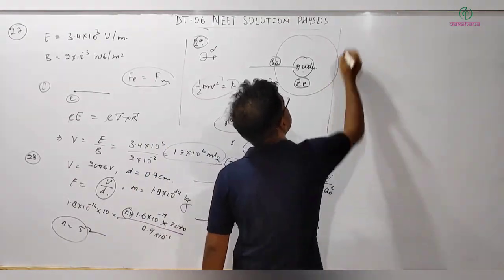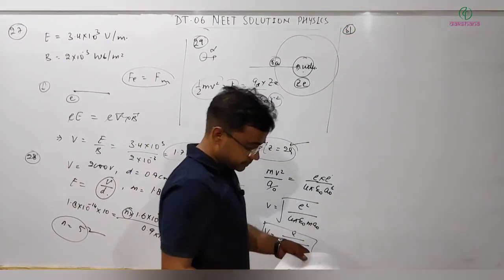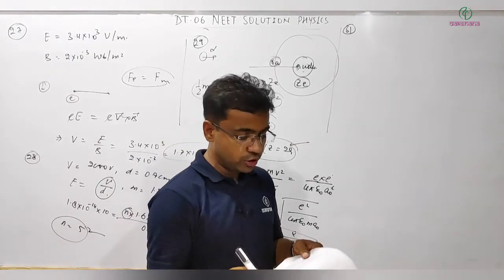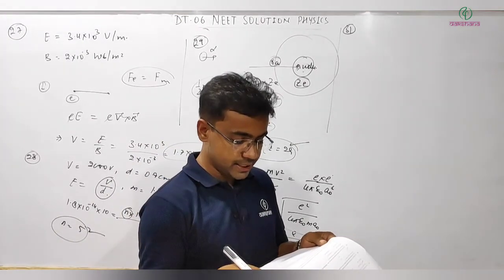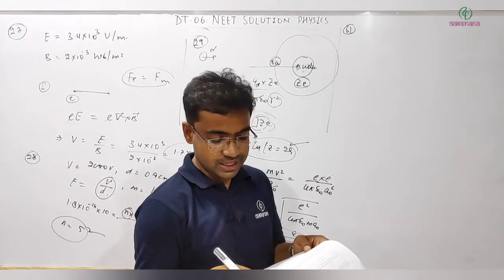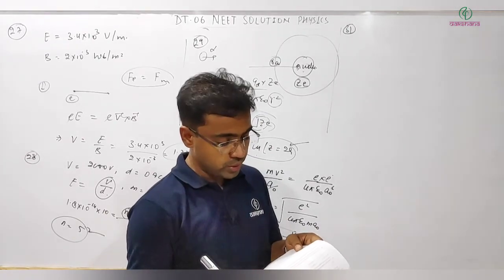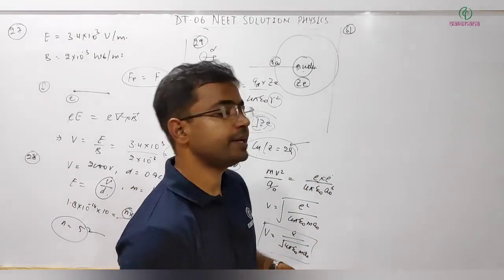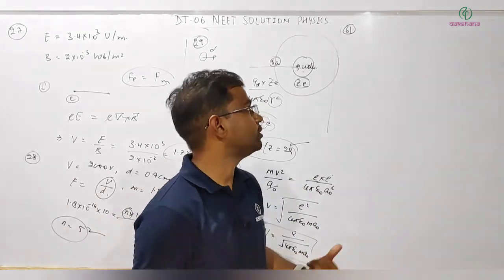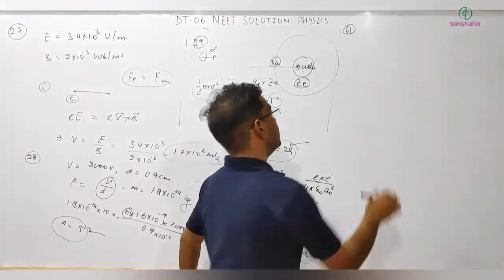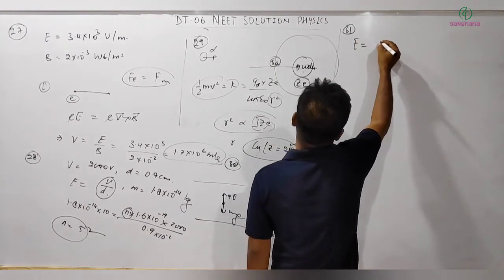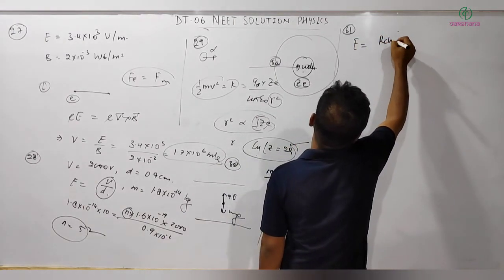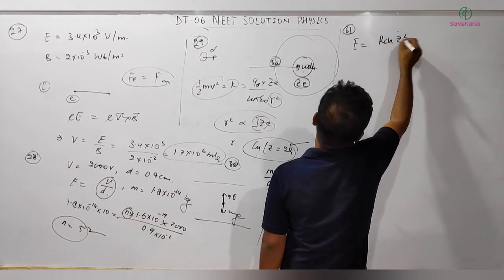Question number 31. The value of wavelength of radiation emitted due to transition of electron from n equal to 4 to n equal to 2 state in hydrogen atom will be. Now here you must know the relation of energy or wavelength emitted. E is equal to RCH into Z square by n square.